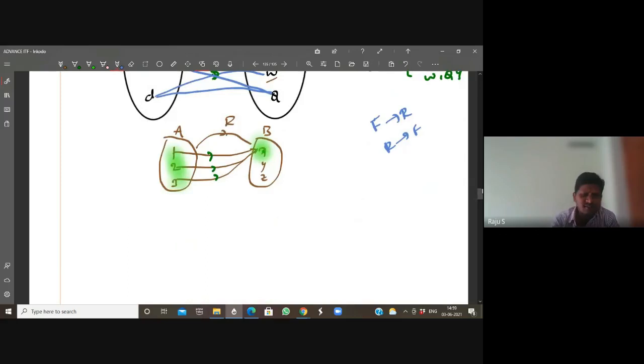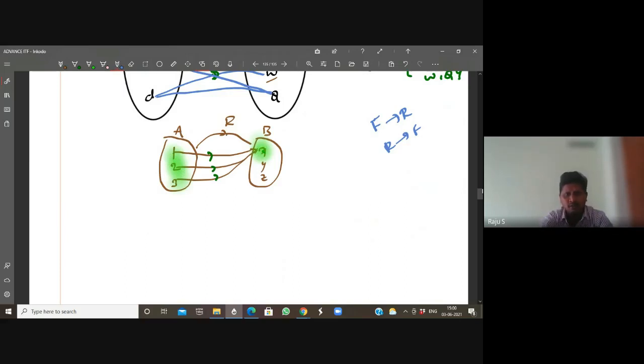In functions, types of functions will be there like one-one function, onto function, bijective function, inverse function, composite functions. This we will discuss. Actually, this belongs to class 12, anyhow we'll discuss in class 11 also.